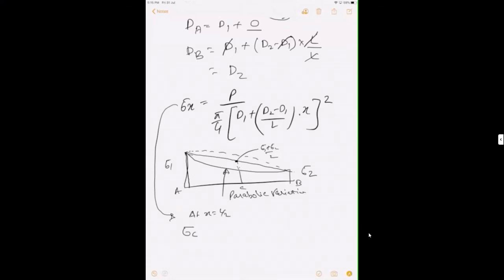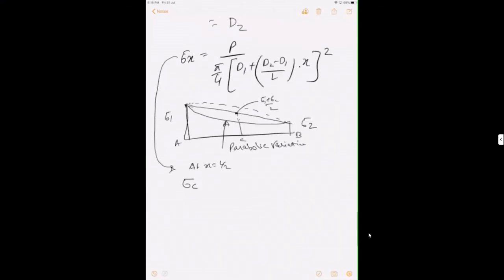You can find out sigma c. Now you just compare whether you are falling above this line or below this line. If you are falling below this line, the curve will come like this, or if you are falling above this line, the curve will come like this. This is one way to determine the shape of this parabola, whether it will be concave upward or convex downward.